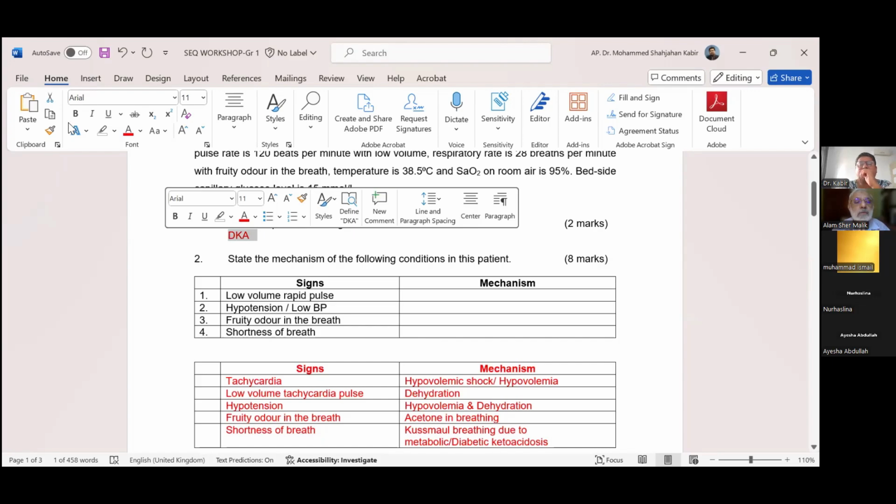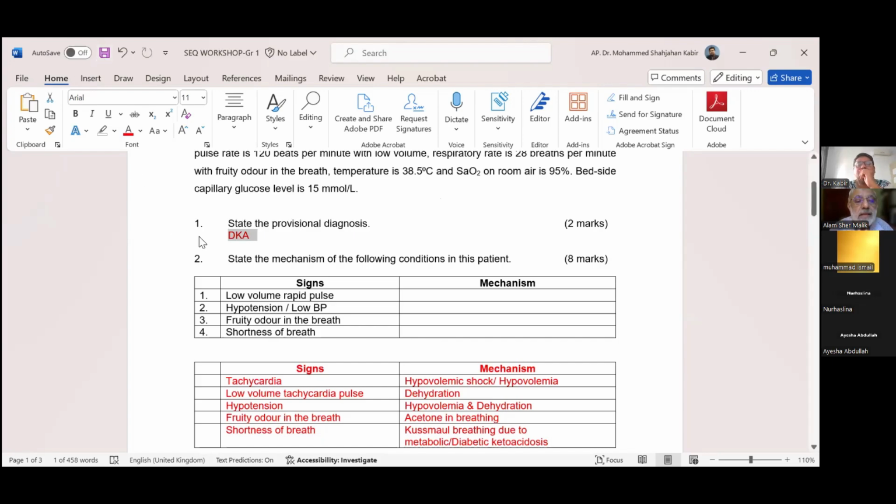That's why I'm saying that if a student makes a different diagnosis, they will get zero, because this is a scenario. Dependent questions will automatically come in the MEQ and SEQ. No, it wouldn't.